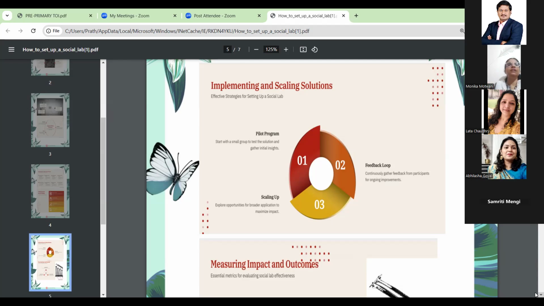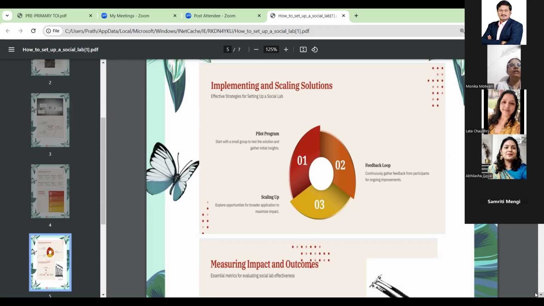A rough sketch that is made is said to be a pilot program. It has limited scope, a defined duration, measurable goals, and risk mitigation. So this is the first step.